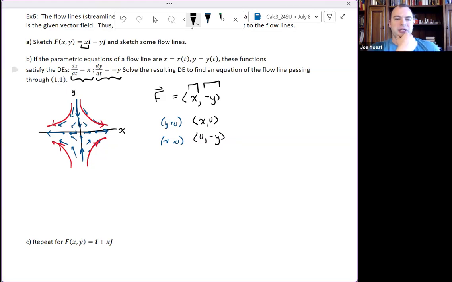I'm not really interested in knowing something about time. I want to know what these paths look like, these red paths. I want to know an algebraic representation of these red paths. So really what I want to do is eliminate the parameter t, get a differential equation in x and y, and then solve for a function, say y equals f of x, something like that.